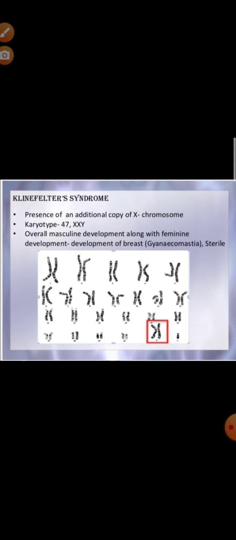Development of the breast may take place in males, that is known as gynecomastia. In males, poor beard growth can be found, and often these males will be sterile, and a feminine pitched voice can be found in those persons who have an additional copy of the X chromosome, that is Klinefelter syndrome.